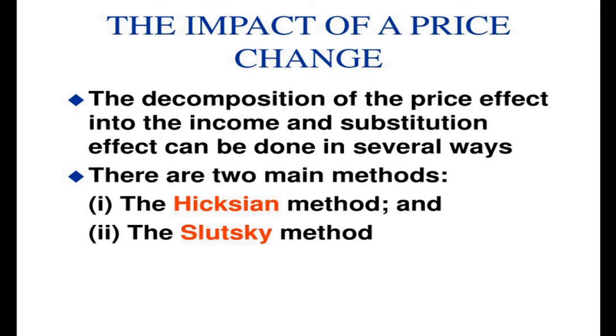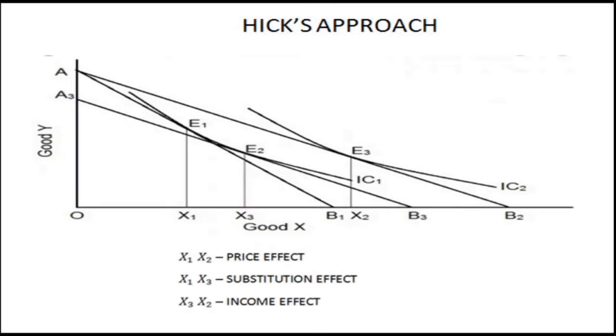So what are the two methods? First, we'll discuss the Hicksian method of decomposition of price effect into income and substitution effect. So this diagram represents Hicks' approach of decomposition of price effect into income and substitution effect.